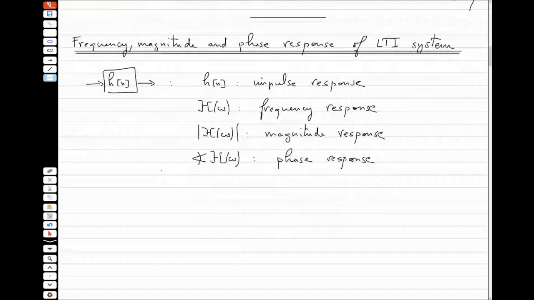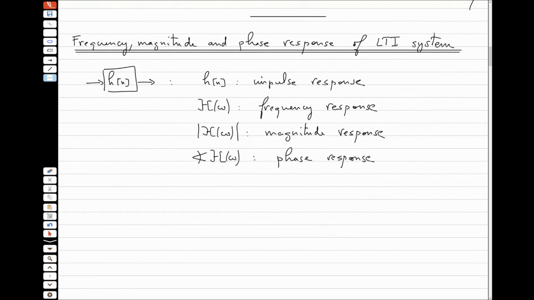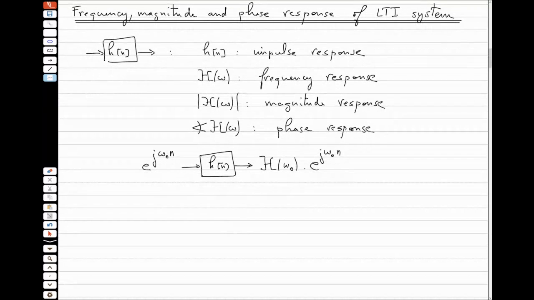So why are these ones important? We saw first that, if you put, that's the fundamental formula. If you input a pure complex exponential sequence, you get the same thing at the output times a scaling factor, which is the frequency response at omega naught.